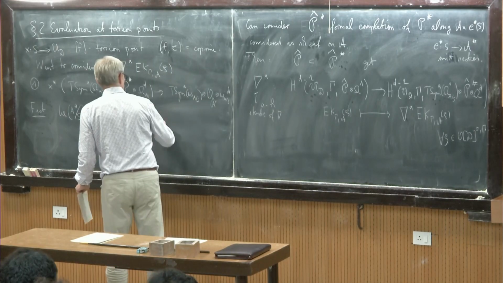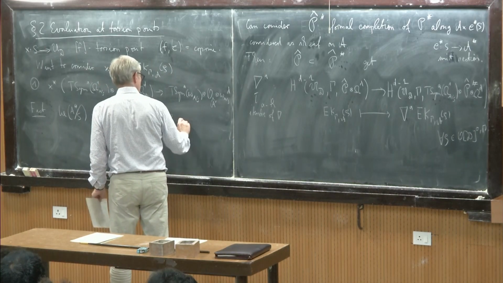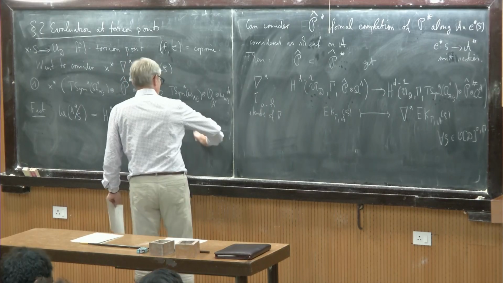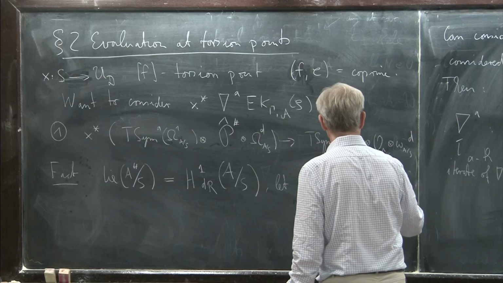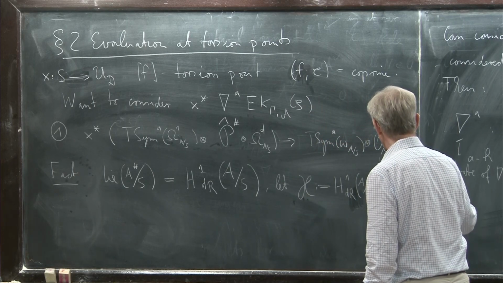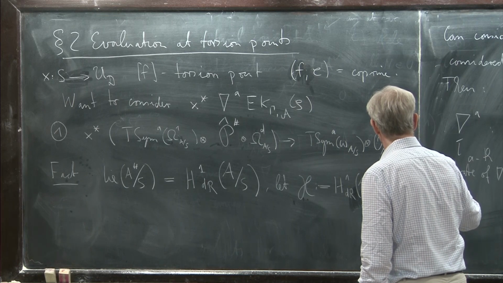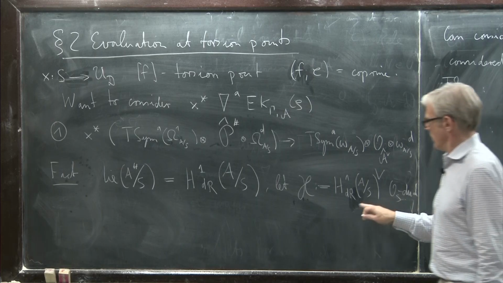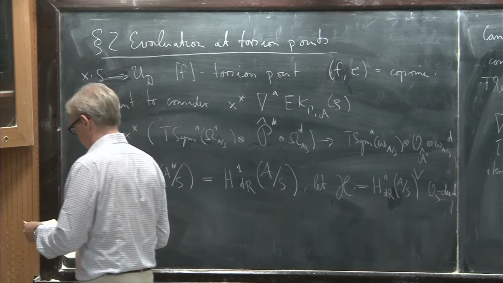And we define H to be the dual of H de Rham of A over S. This is some vector bundle on S, and we take the dual vector bundle.